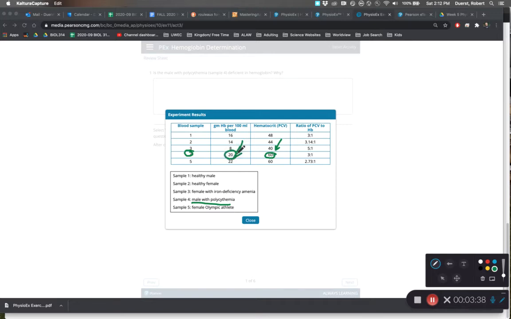So as we look at that, we have 20 milligrams of hemoglobin, that's a typo here, this should be milligrams of hemoglobin, per 100 milliliters of blood. So this male with polycythemia has a ratio of hematocrit to hemoglobin of 3 to 1, which is the same as the ratio for the healthy male, shown right here.